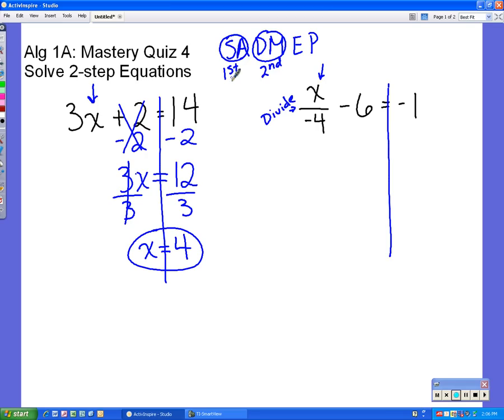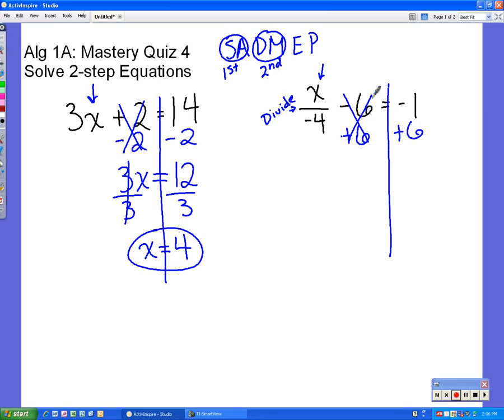So remember, first thing, I undo subtraction or addition. So first, I'm going to get rid of 6. The opposite of subtraction is adding. So I'm going to add 6 to get rid of it. But I need to do that now on both sides. Negative 6 plus 6 is equal to 0.